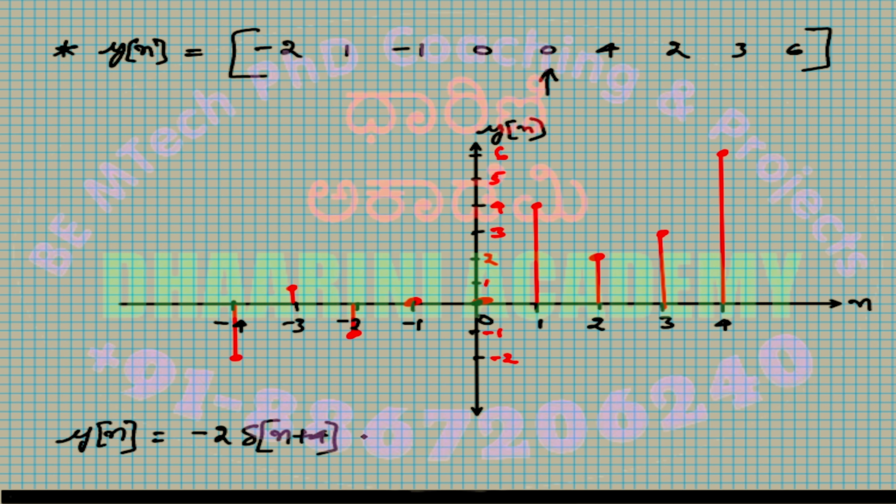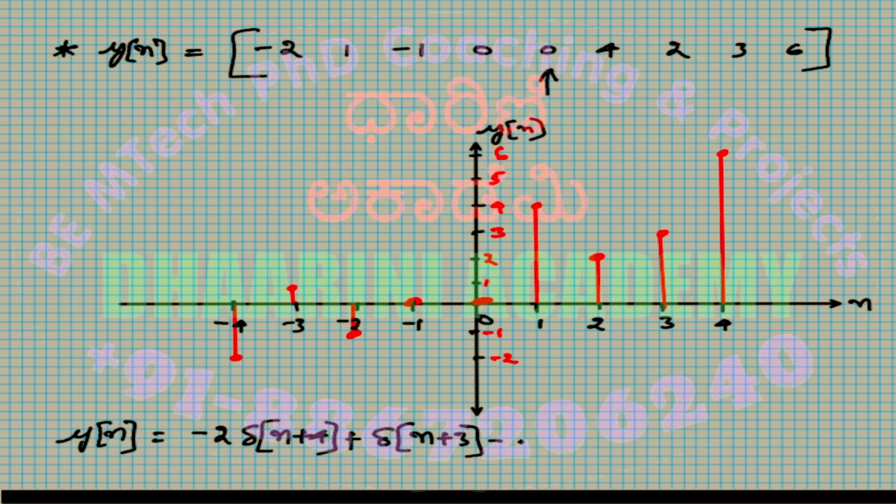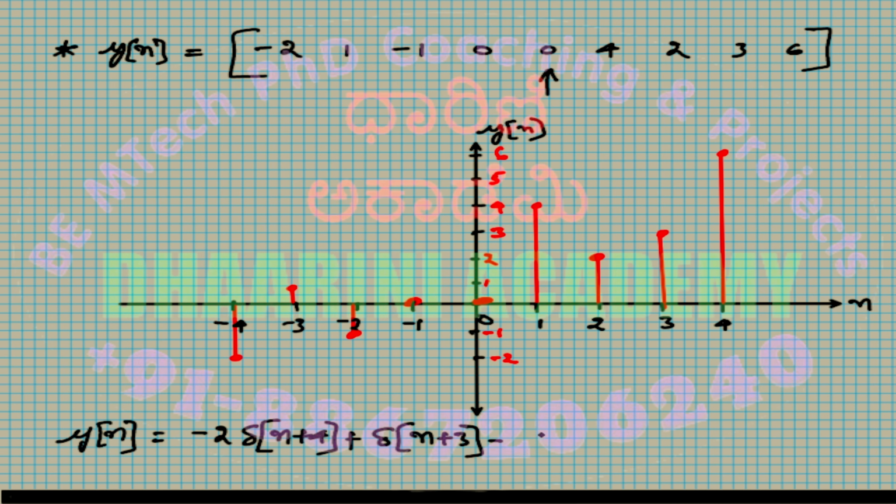Then amplitude is plus 1, so plus 1 into delta of n plus 3. Then the amplitude is negative for the next sample, so minus 1 into delta of n plus 2.